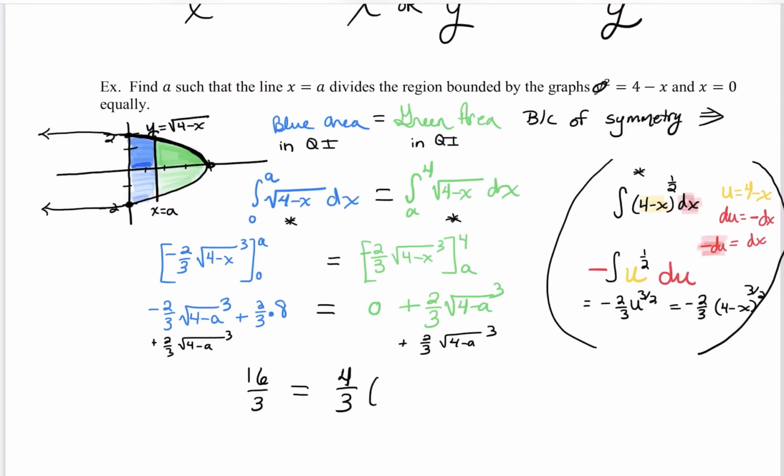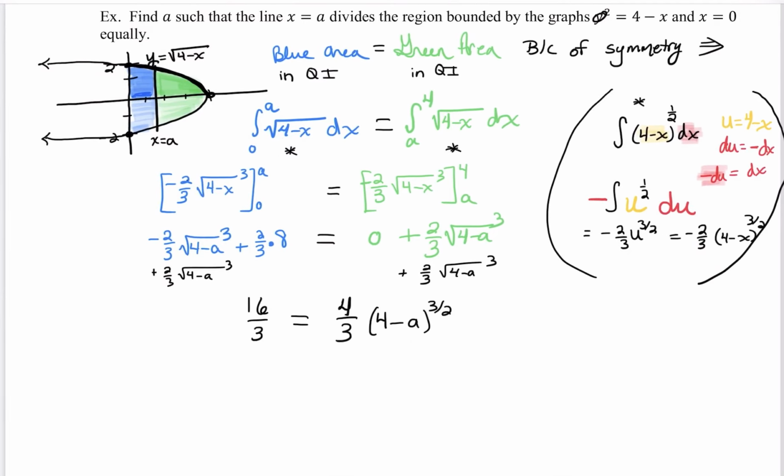I might at this point just go back to 4 minus a to the 3/2. And obviously if you multiply both sides by 3/4, that reciprocal, you're just going to end up with 4 on the left-hand side equals 4 minus a to the 3/2 power. Be careful that your a's do not start to look like 9s.